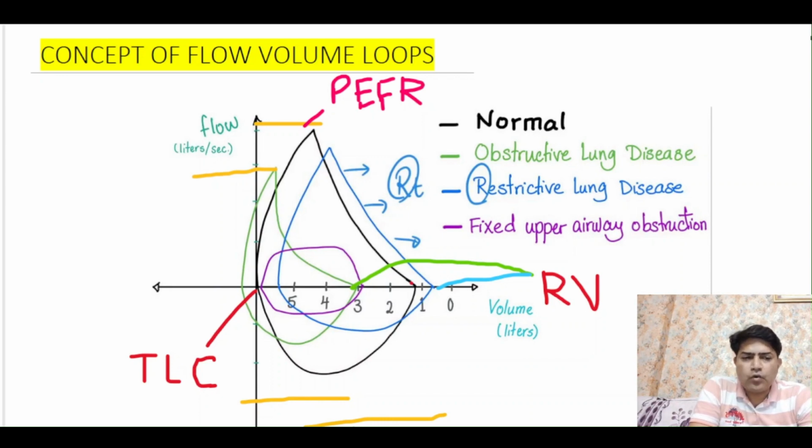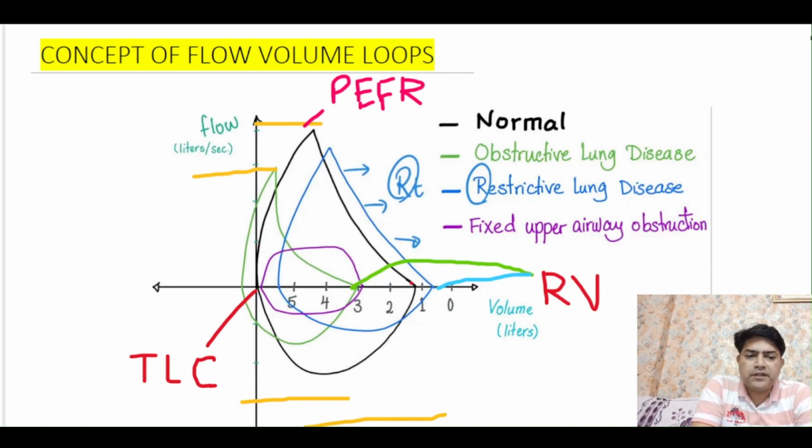In restrictive lung disease, all the volumes, whether it is the total lung volume, residual volume, FRC, all the volumes are decreased. That is very important for you to understand. You can see here also that the residual volume is decreasing in the restrictive lung disease. And in the restrictive lung disease, one thing is also very important, that the forced vital capacity is decreasing.